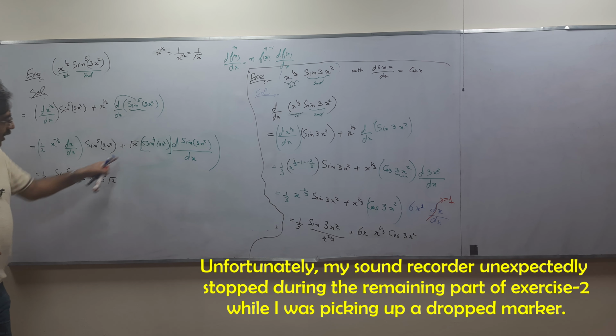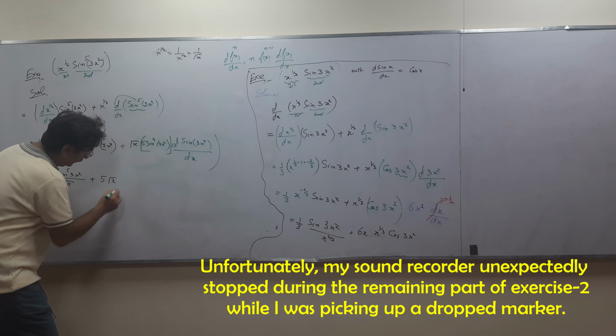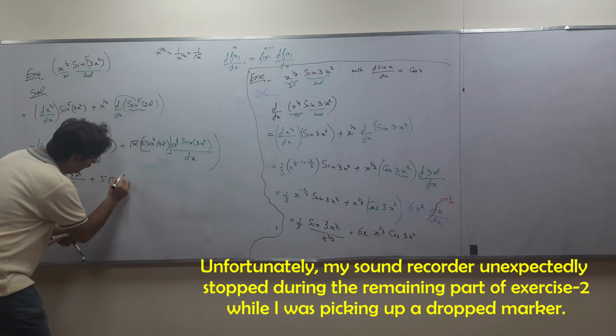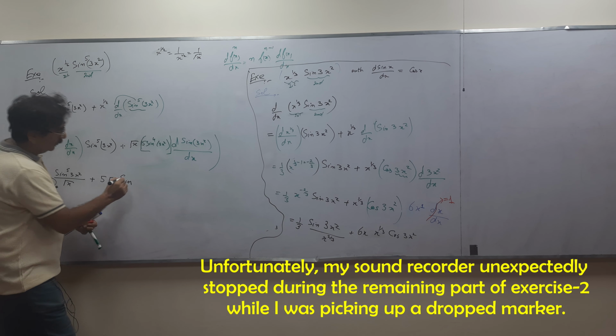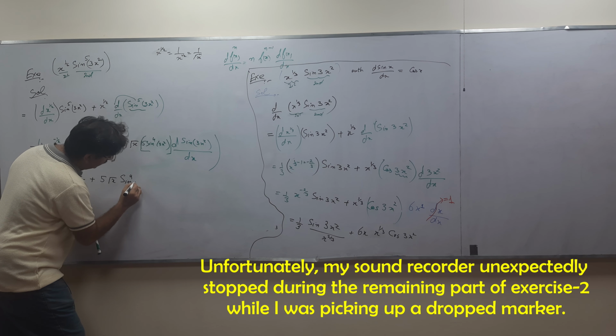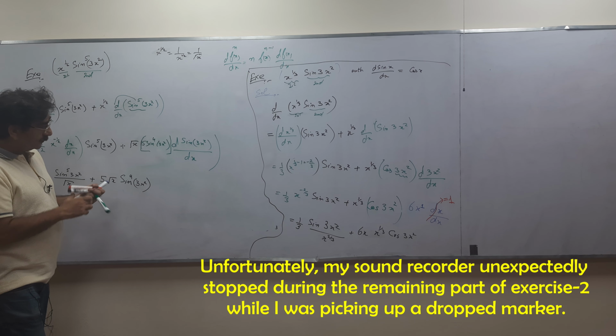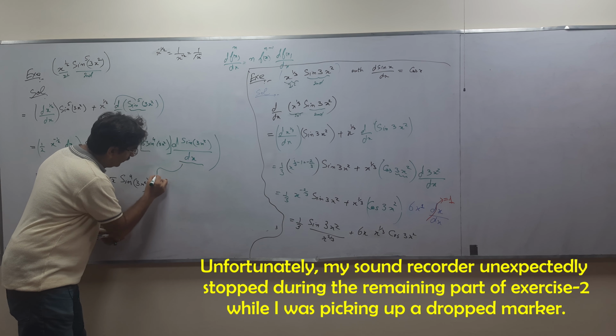So 5 square root of x sine power 4 of 3x squared.